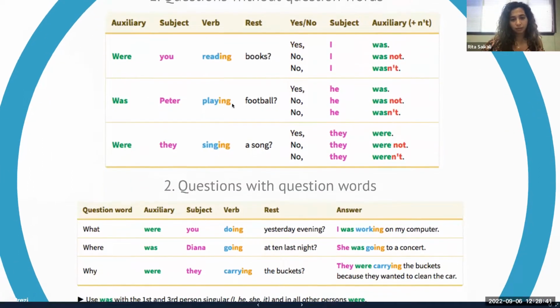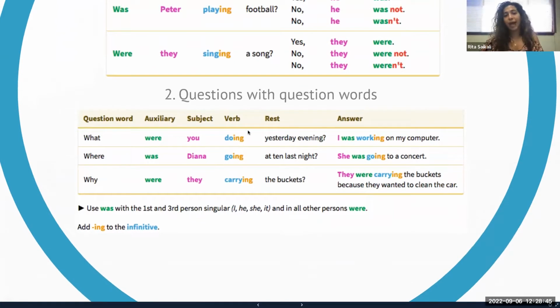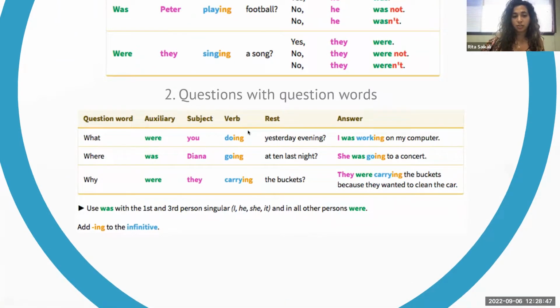And then, my good friends, if we have the WH questions, we put those before the same structure. So nothing is different. We just add the WH questions. And what are the WH questions again? Exactly. Who, what, where, when, why.